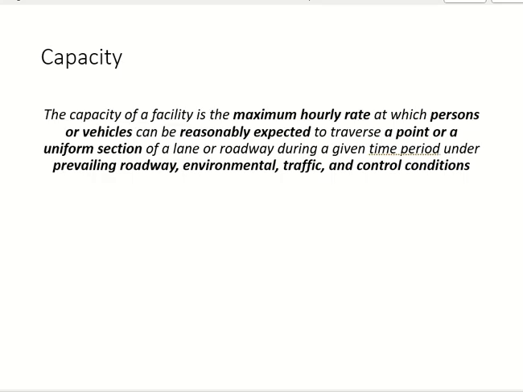We are looking for the maximum number of people who can use the bus. Because if you go for maximum number of buses, you have buses going like this, and people can just walk, right? So it is always given per lane. They have mentioned roadway as well, but if you look at the units in the manual, it is always per lane. It can be people, it can be vehicles. If they are vehicles, they take it as cars. I will show you these things later on as well.